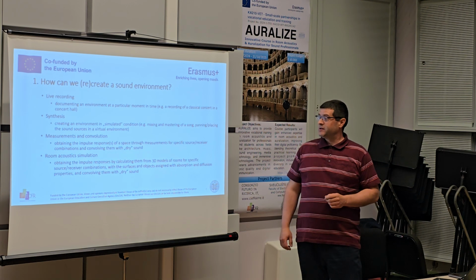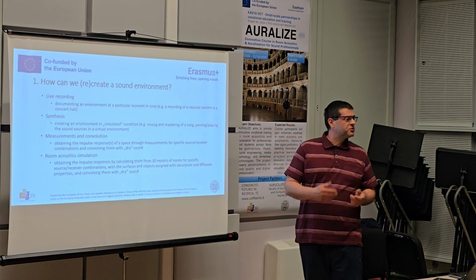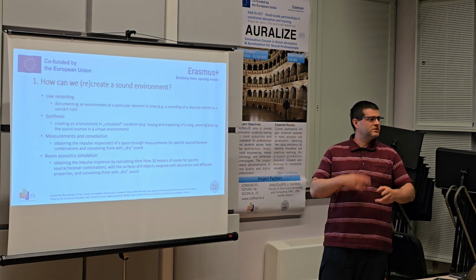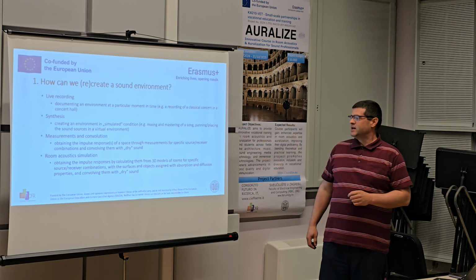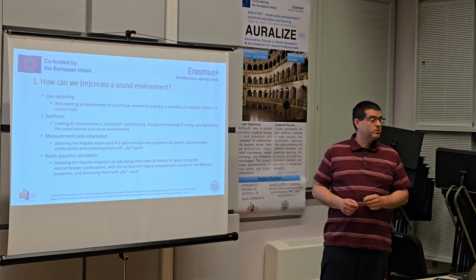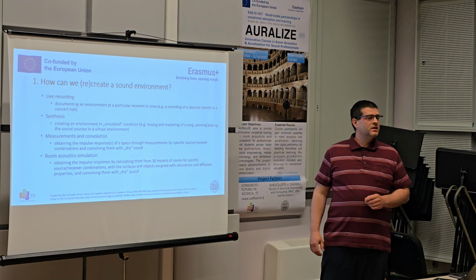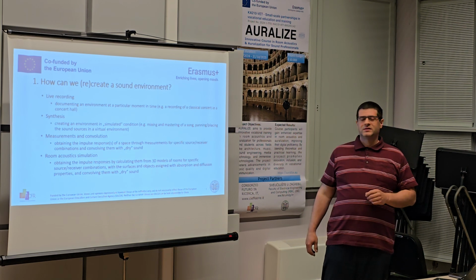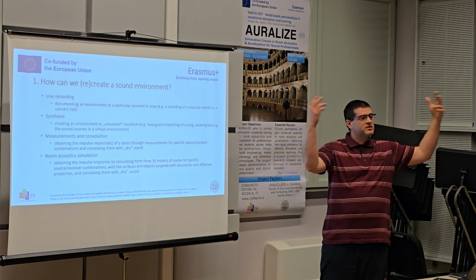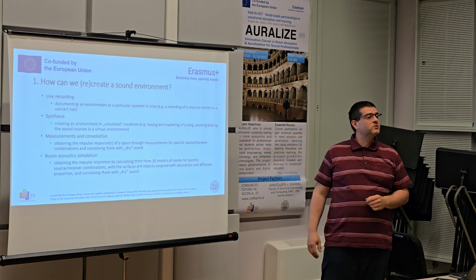The third option would be to do some measurements and use a process called convolution. I think it will be shown in a later lecture. Basically, you go into a room and make acoustic measurements. The most simple one you saw last time: you use one microphone and one source, and you obtain something we call the impulse response of a room.